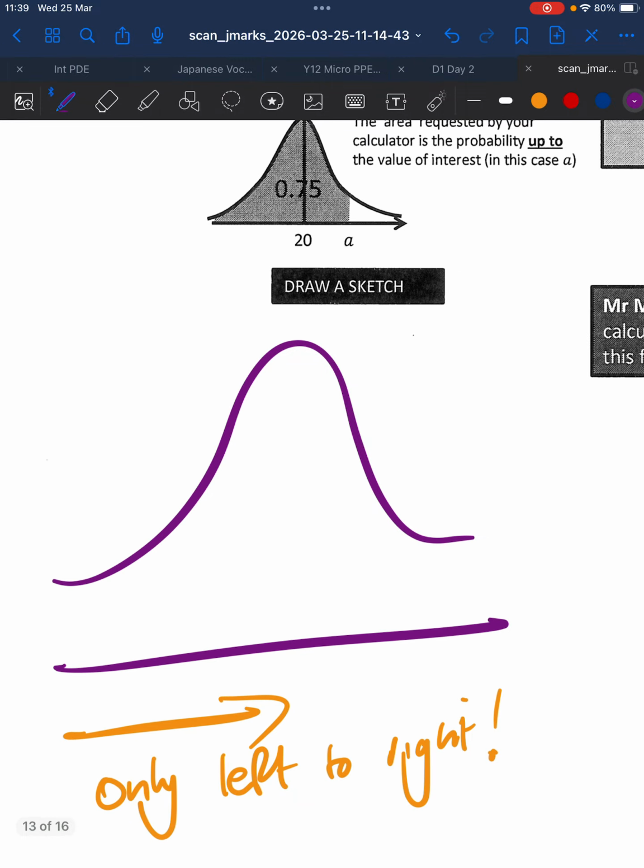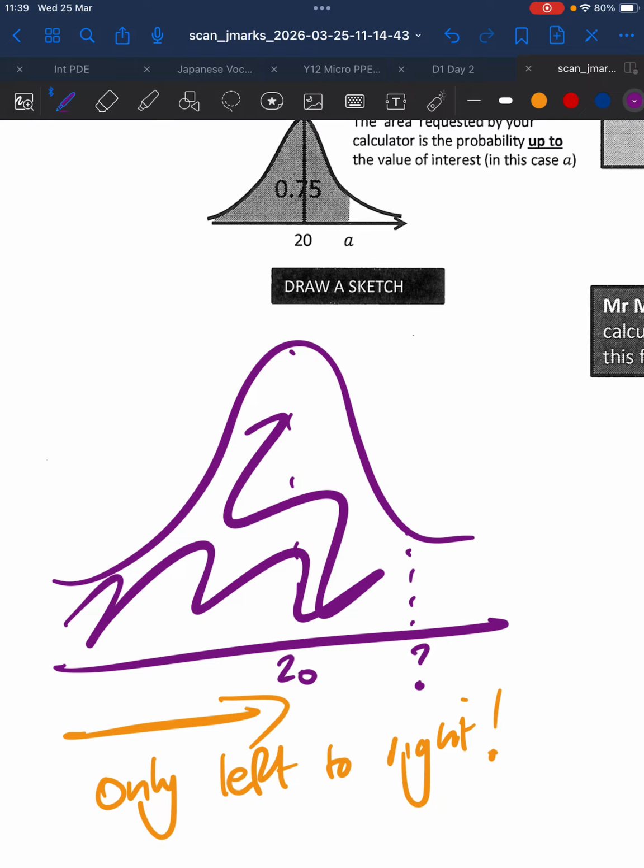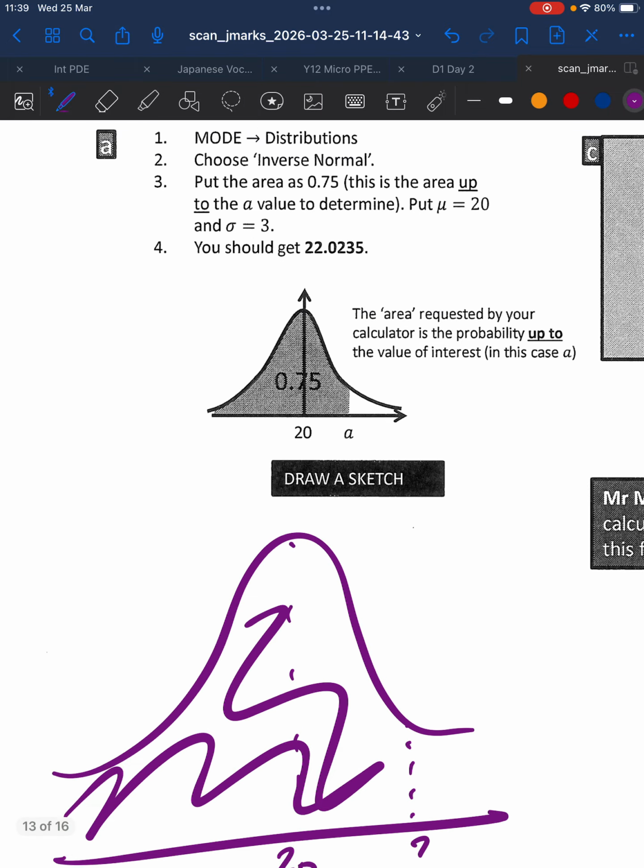So here we would say, well, 50% is half of the data, so 75% will be over here somewhere. We know that it's 20. This value is unknown. It could be 21, 22, 23, 24, something like that. And very simply, what we do is we go on the inverse normal mode on our calculator.